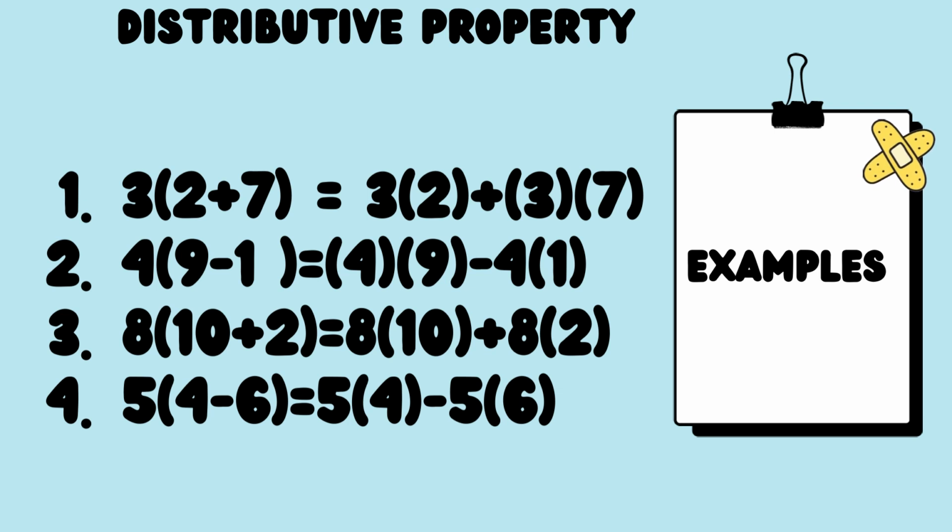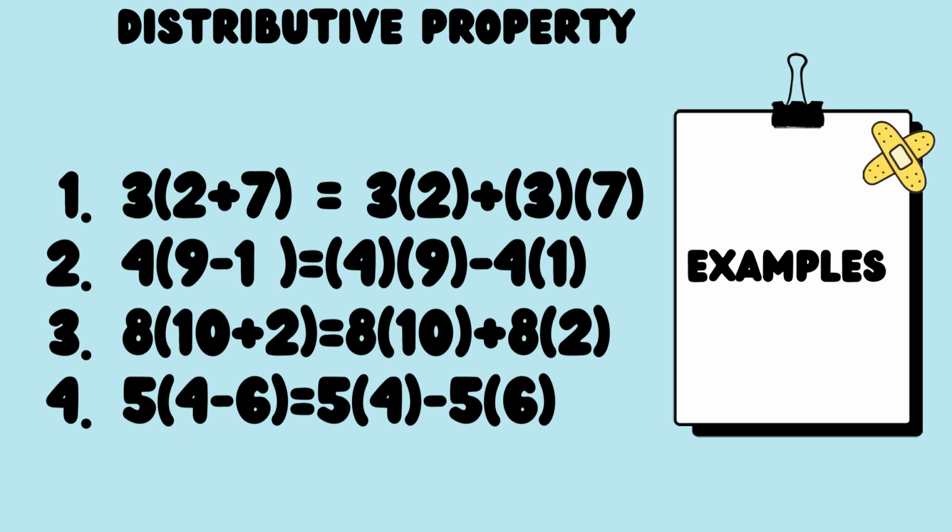You can check with this one. What about 9 minus 1 is 8 times 4. 8 times 4 is 32. So 4 times 9 is 36 minus 4, so 32. Okay, 32, just the same. Now 10 plus 2 is 12, times 8.